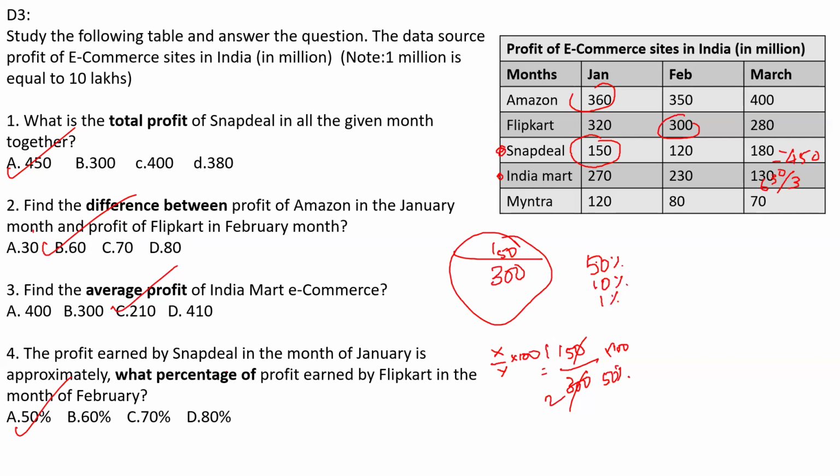So 50 is half of it. For 10, you just need to cut down one zero. For 1, you just need to cut down 2 zeros or 2 digits. Similarly for answers like 60, 70, 80 and so on, you can do it this way. 50% is 150, so directly you can do it like that. It's not more than 60 or 70 or 80.